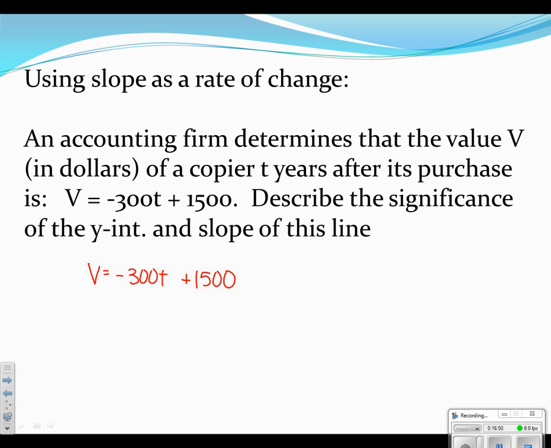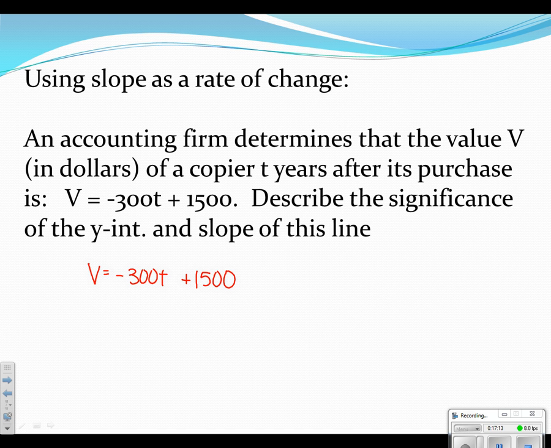Plug in 0, you still have it worth $1,500. That's its new price, $1,500. What happens after a year? Well, if we plug 1 in for time, that means we're going to deduct $300 off of our $1,500 looking at this equation. We're going to end up with $1,200. So our 1-year-old machine is only going to be worth $1,200.